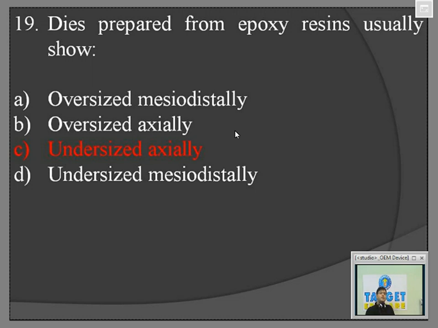Now question number 19. Dyes prepared from epoxy resins usually show undersized axial dimensions. Since epoxy resins are a resin material, they have a property of polymerization shrinkage.